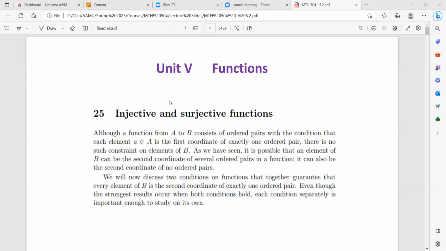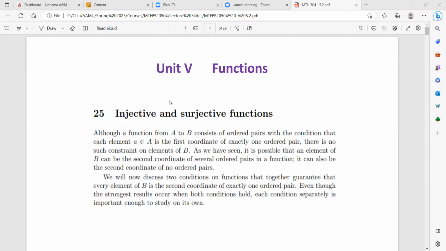And that's perfectly fine in the definition of functions. And also, not all the elements in the codomain have to have a pre-image from the domain under the map.